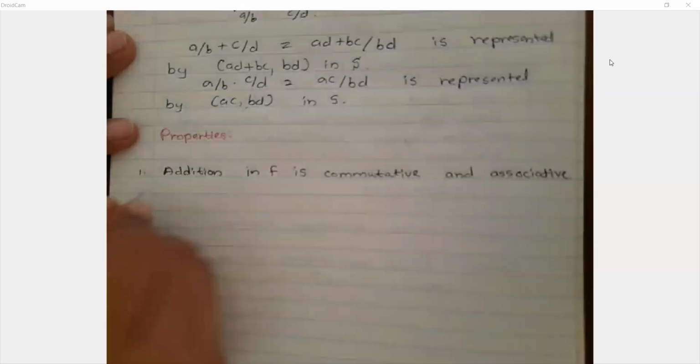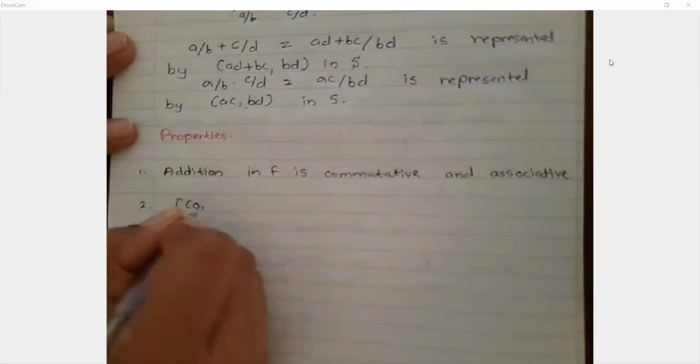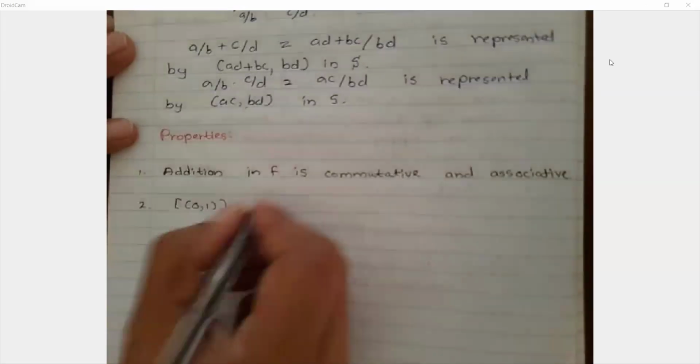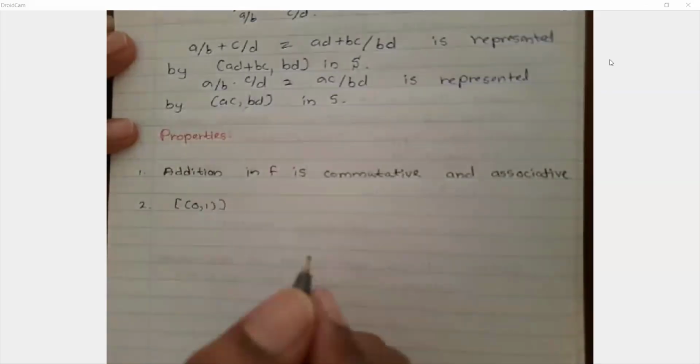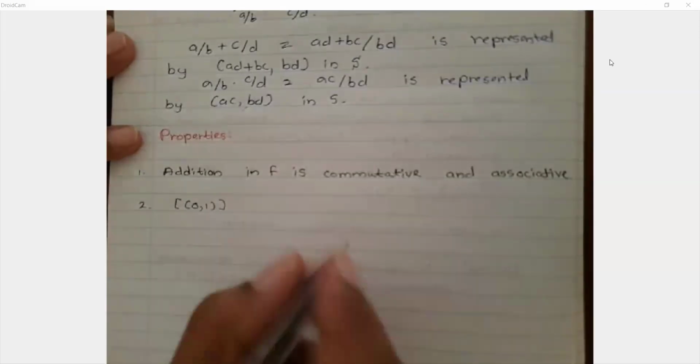Then we have: the equivalence class of the element (0, 1) is the identity element for addition in F. So it is the additive identity in F.